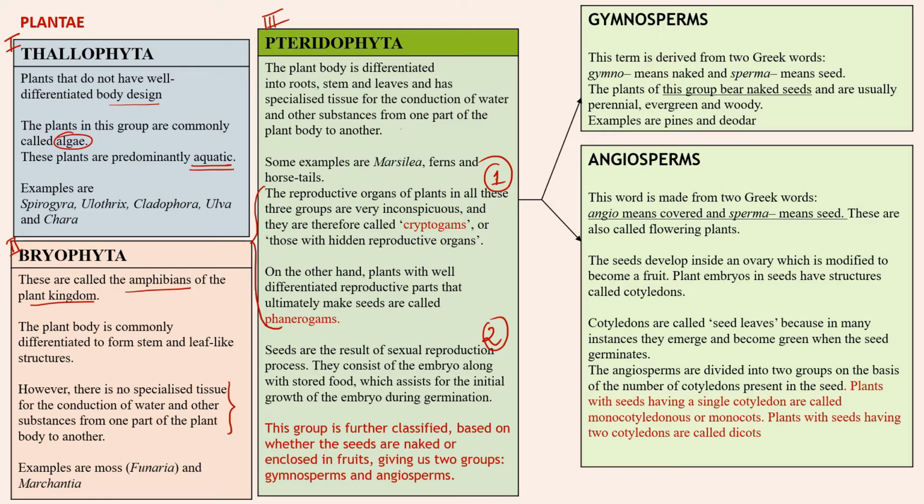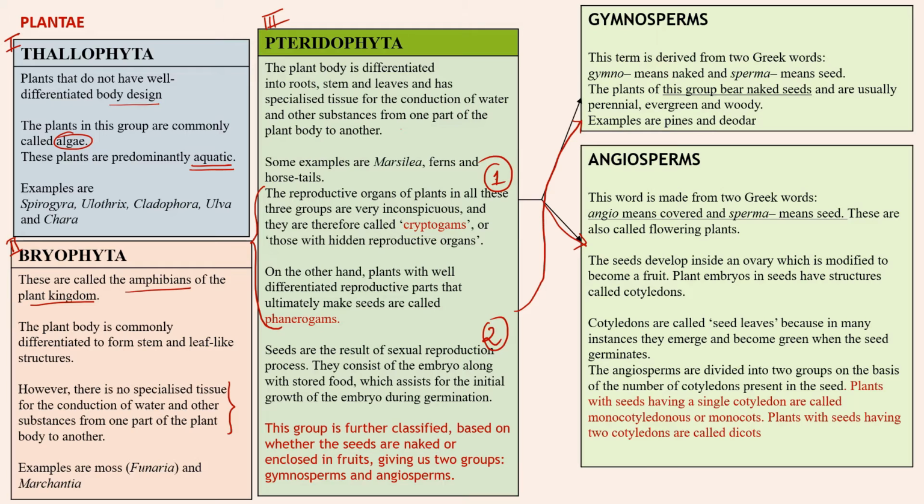Based on the germination of the seed, and on whether the seeds are enclosed in a fruit or are naked, this group is further classified into two parts. The first part is gymnosperm and the second part is angiosperm.